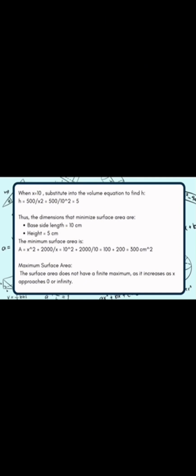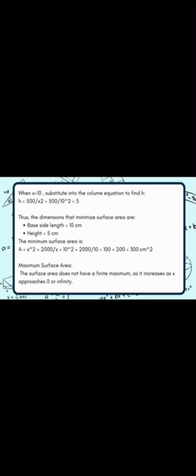Thus, the dimensions that minimize surface area are base side length equal to 10 cm and height equal to 5 cm. The minimum surface area is A = x² + 2000/x = 10² + 2000/10 = 100 + 200 = 300 cm².